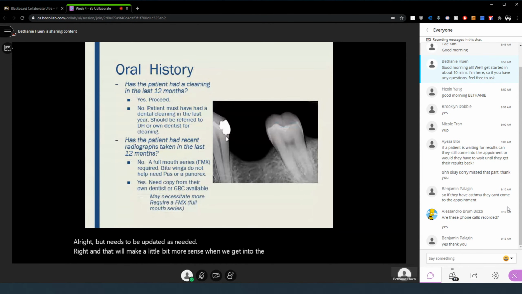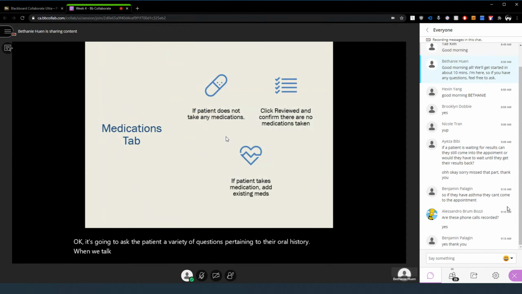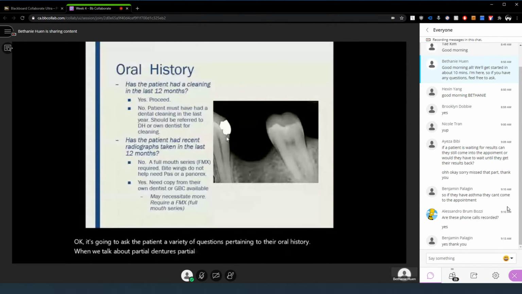For oral history, it's going to ask the patient a variety of questions pertaining to their oral history. When we talk about partial dentures, we want to pay attention to when their last cleaning was.